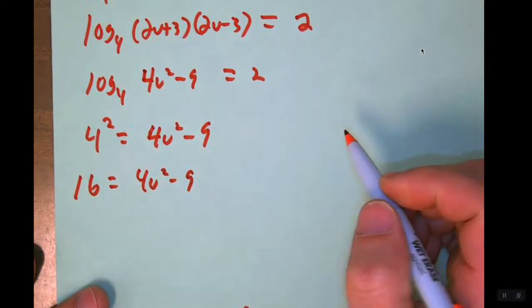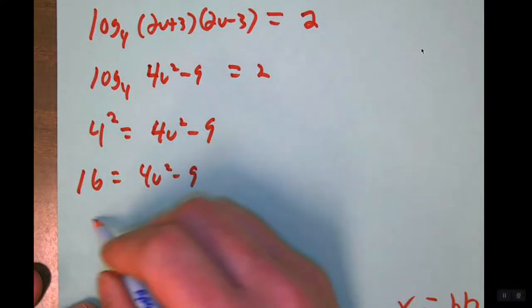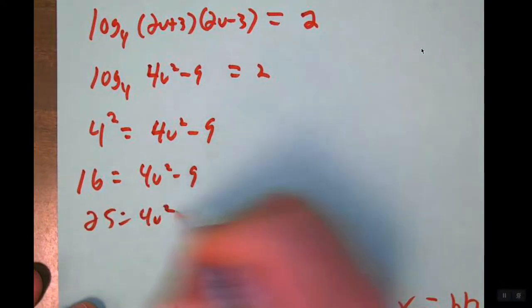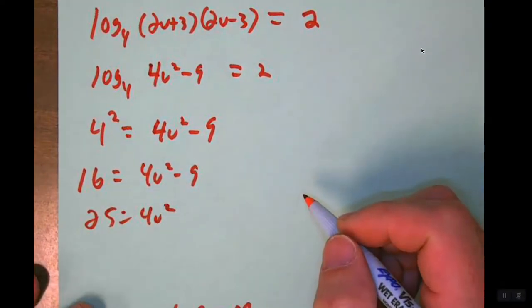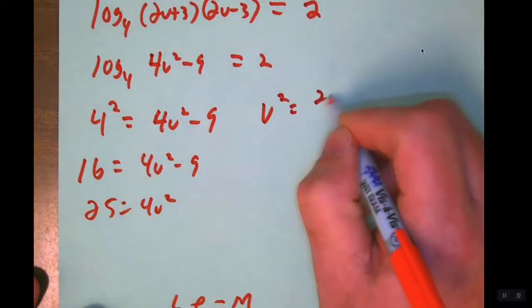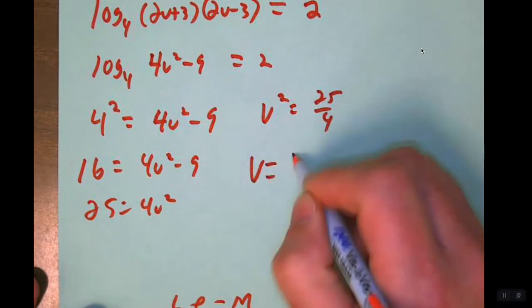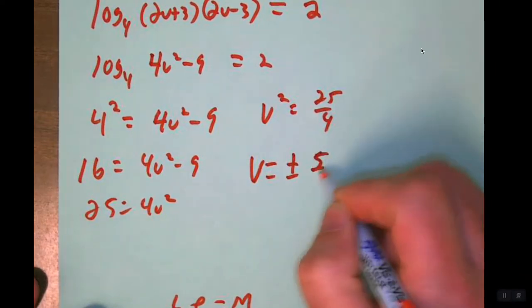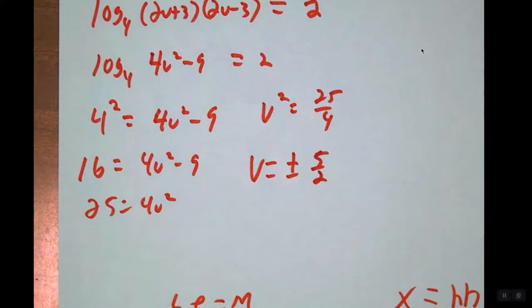All right, now you can be kind of sneaky here. I could bring that over, but I'm just going to add 9, so I get 25 equals 4v squared, right? I'm going to divide both sides by 4, so I get v squared equals 25 over 4. V is equal to plus and minus 5 over 2. But here's the thing, I gotta go back and plug it in.